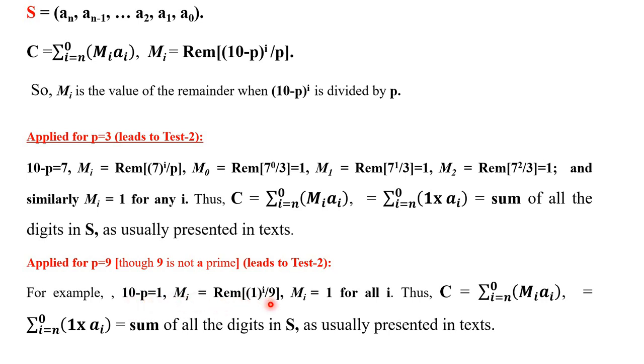So mi is 1 to the power i by 9. Now 1 to the power anything is 1, so 1 by 9, remainder is 1. That means all mi again are 1, and that means C is nothing but the sum of 1 into ai, that means the sum of all the digits in S, as again usually presented in texts.